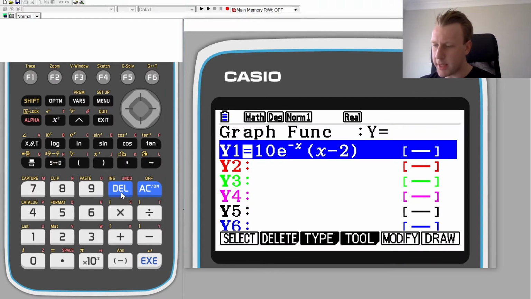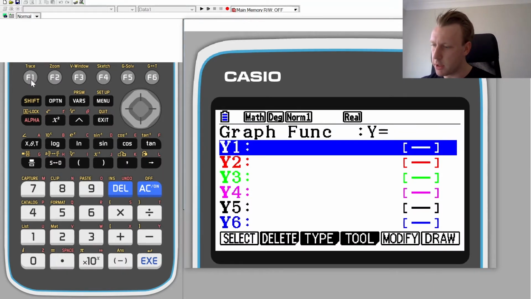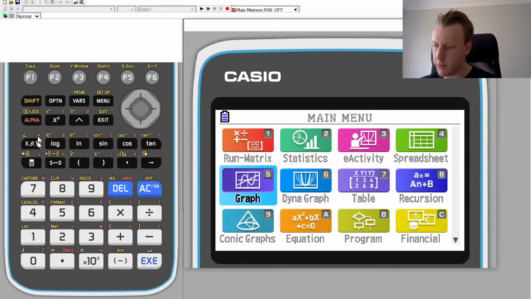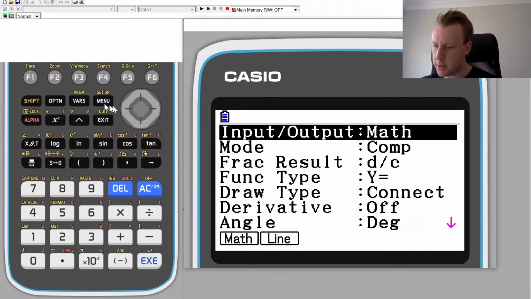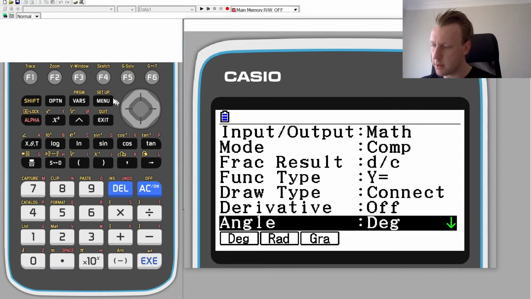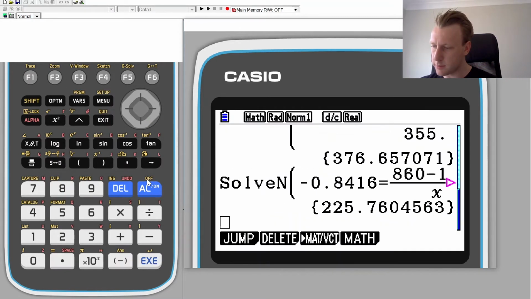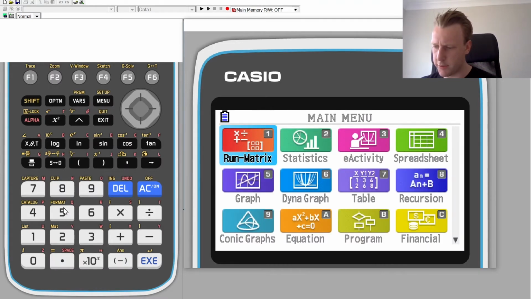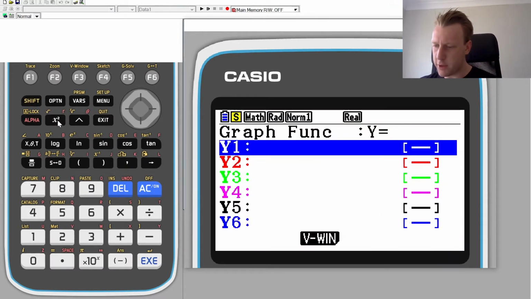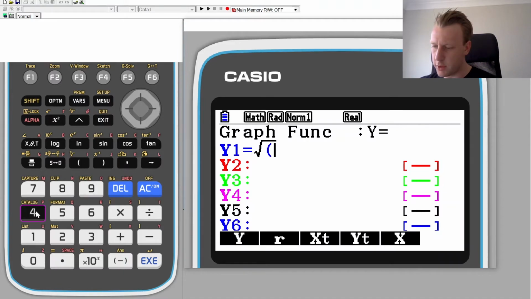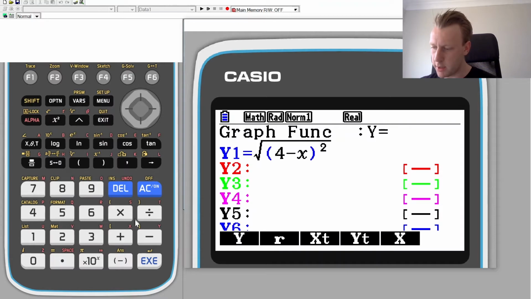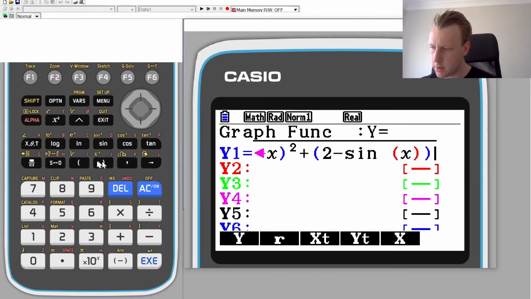Now, since I am graphing a trig function, let's go back into radians. So shift, setup, radians. Okay, now let's get back to graphing. So our function was the square root of 4 minus x all squared plus y, which was 2, subtract sine of x, all squared.